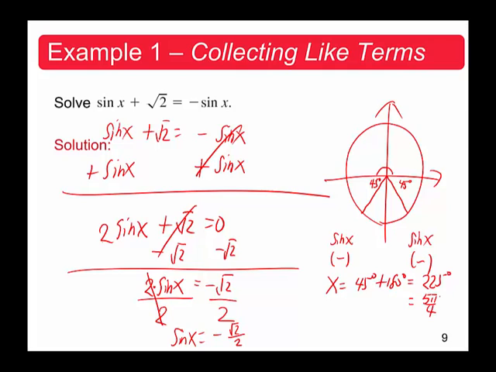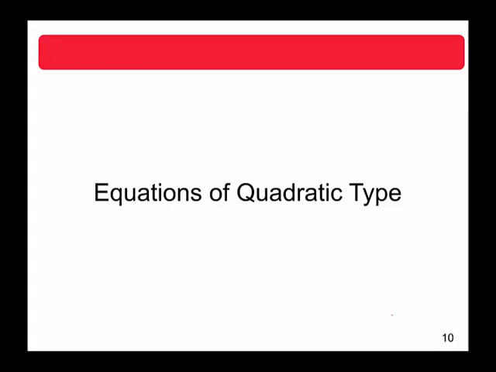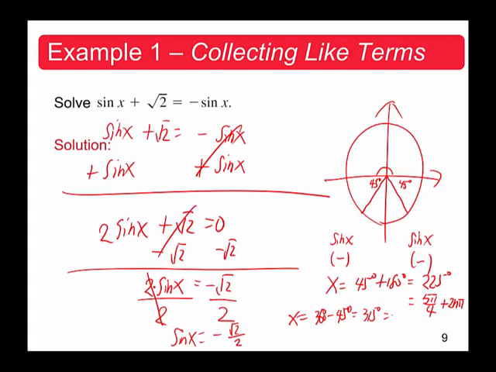Again, if you want to get a general solution, you add 2n pi to that. The second solution is 360 degrees minus 45 degrees, which turns out to be 315 degrees. Converting 315 degrees, it will be 7 pi over 4. To get a general solution, you add 2n pi.